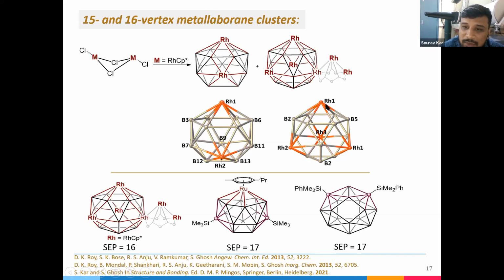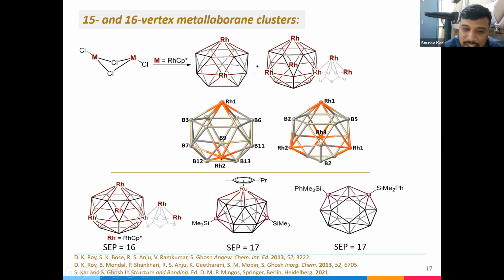The 15 vertex metalloborane has the structure of an icosahedron, which is proposed by Lipscomb, and the 16 vertex one has the structure of a tetracapped truncated tetrahedron. So here all the 16 vertex clusters are shown.